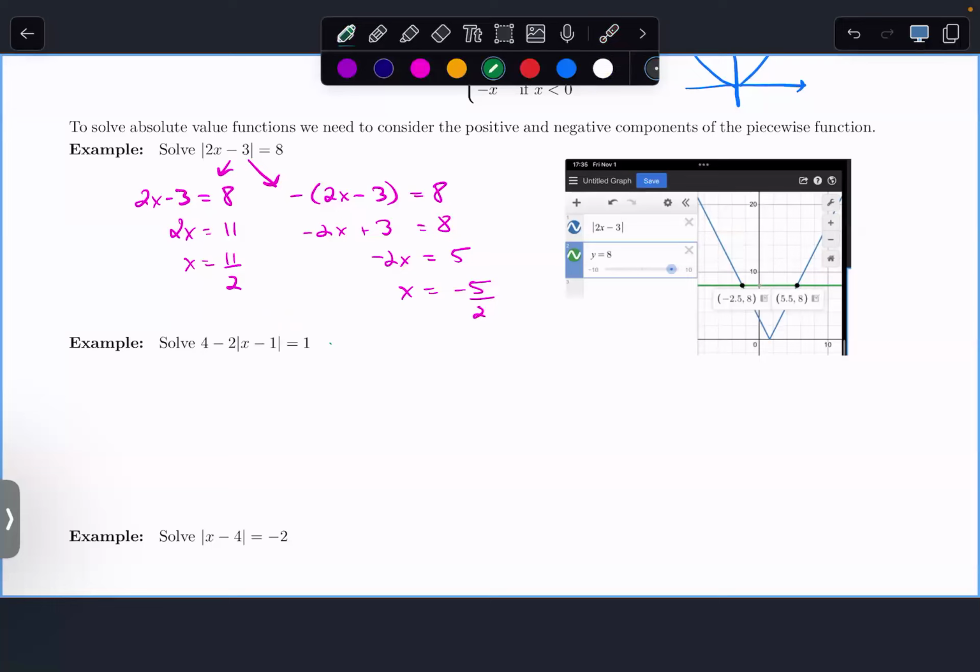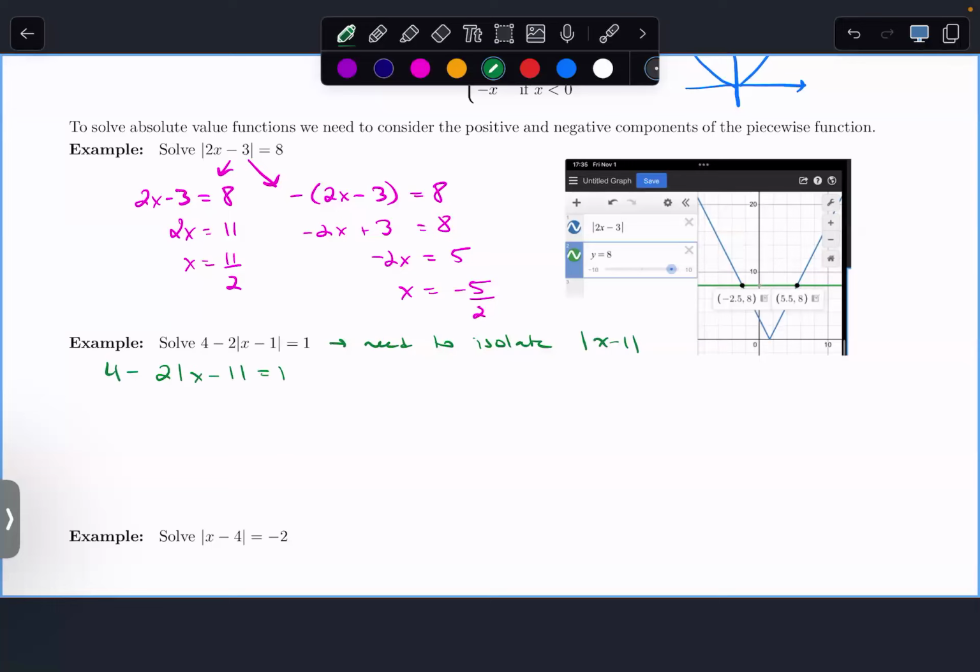So here, I need to isolate the absolute value of x minus 1.